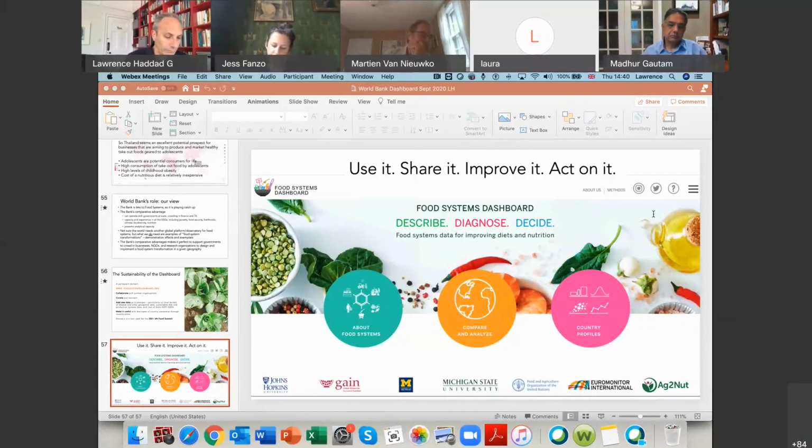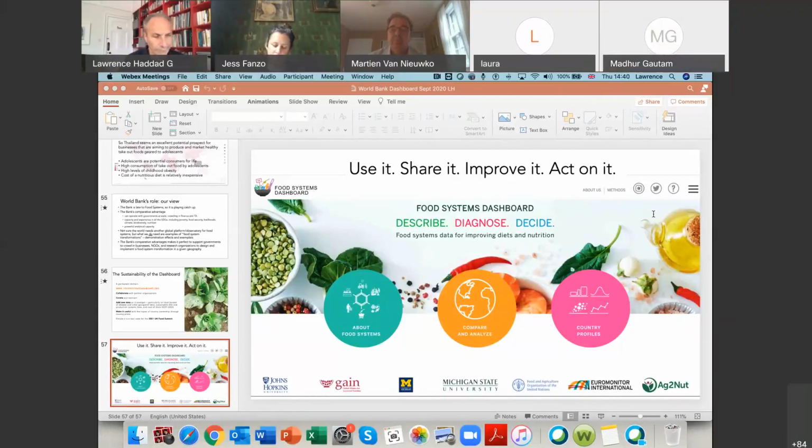There was a suggestion from Mohammed Hamadi: have you thought about integrating the influence of media on the food system? And then a question from Fabud, suggesting that the dashboard primarily focuses on variables that describe the performance or outcome of a country's food system.